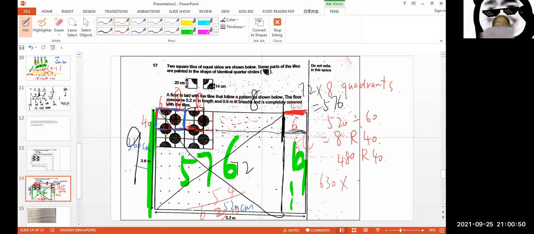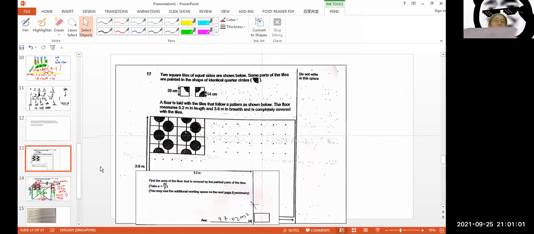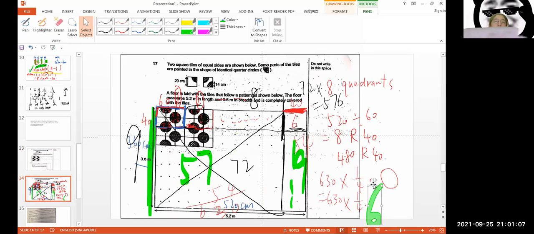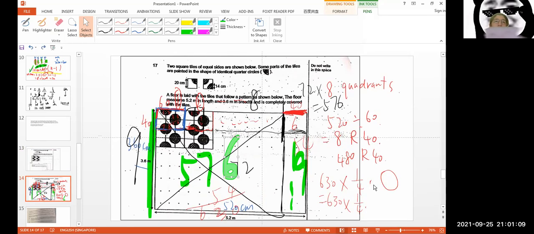They want to find the area, so each is 1/4 of a circle. So 630 times 1/4 of the circle. What's the thing given? 22/7. Okay, good. Area is pi r squared. What's r? 14 squared.